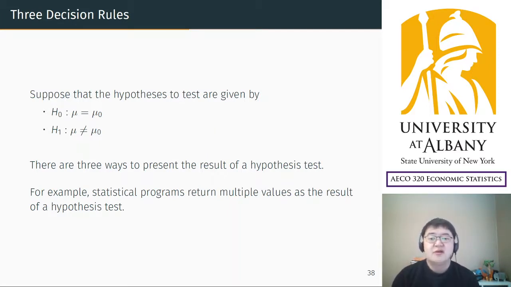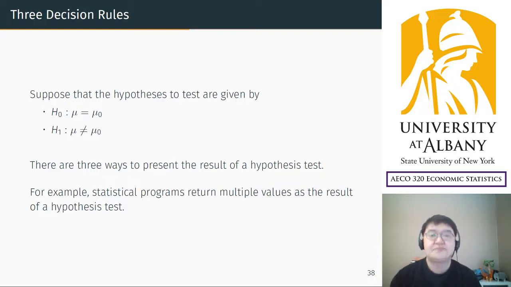For example, statistical programs return different values, but actually they are the same thing. When you run something, you may see a lot of numbers, but if you understand what's going on, then you will find that they are all equivalent. What I present here is a typical point where students and many beginners are confused when reading the results.